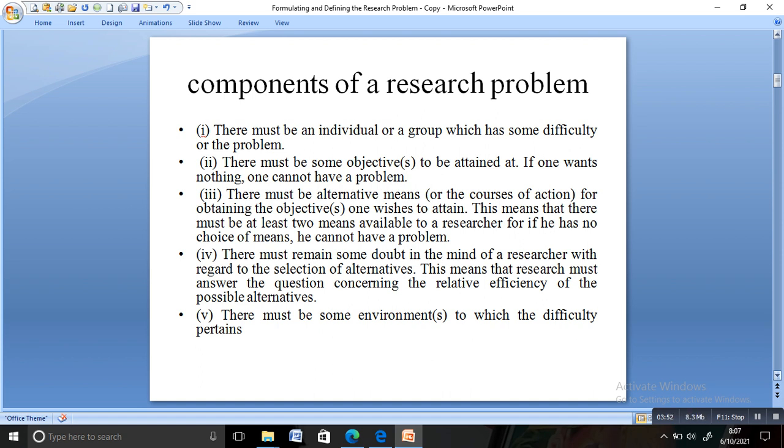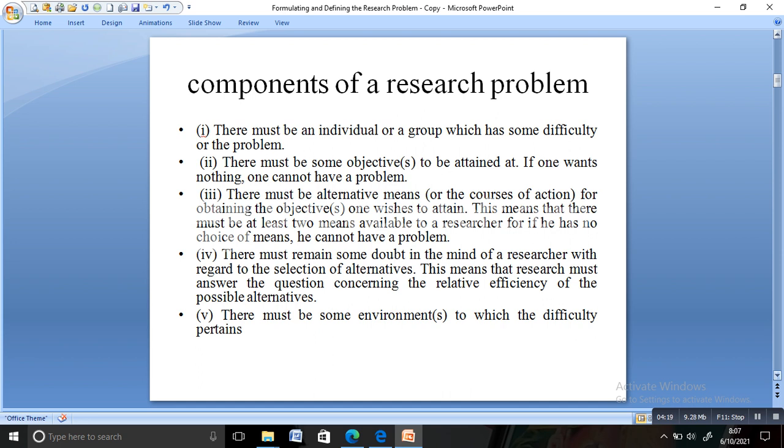Without objectives you can't solve a problem. Then for finding out the objective you should have some alternate means. If you are not able to work in one way, you should do it in an alternate way. And always there should be some doubt in your mind, and also the environment should be there to which the difficulty pertains.